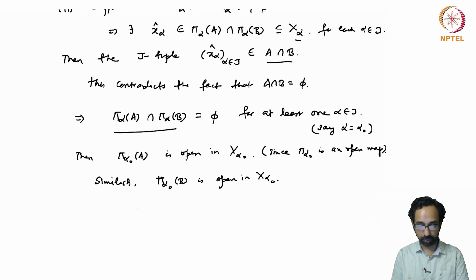We have seen from the first claim that they are both non-empty. Now we have proved that they are both open, and also that they are disjoint.